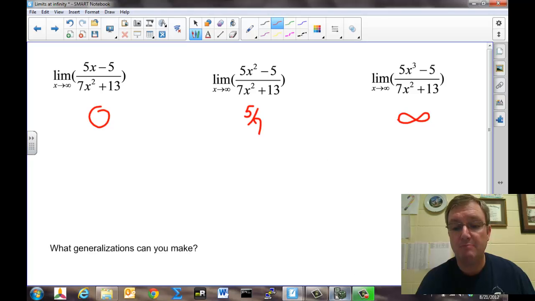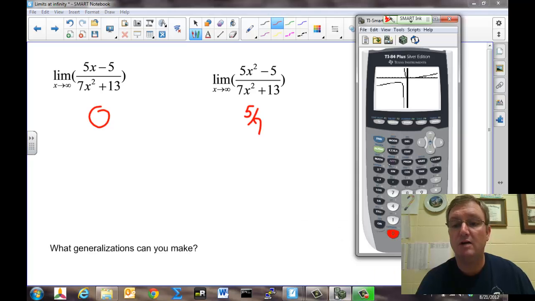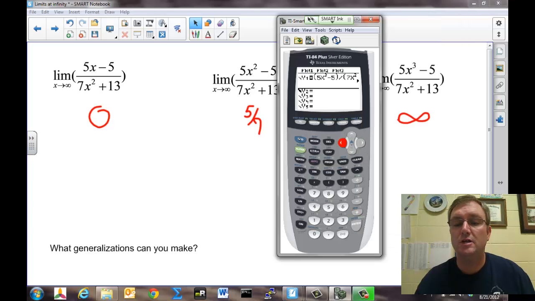As an example, let's pull up our calculator and try one of these particular problems. As you see here, I've got the last limit typed into my calculator, and we're going to look at a table set of that calculator, and we're going to start at 1,000 and go up by 1,000 because we really want to see what's happening as x gets larger and larger.